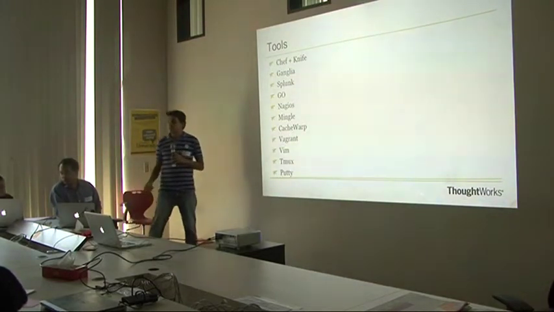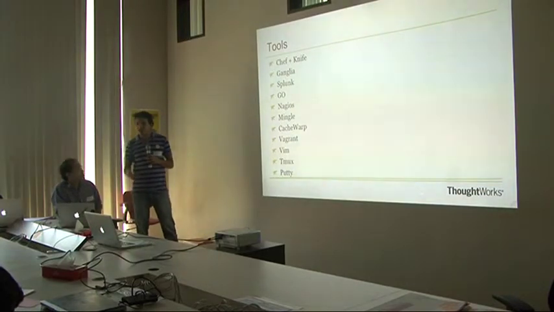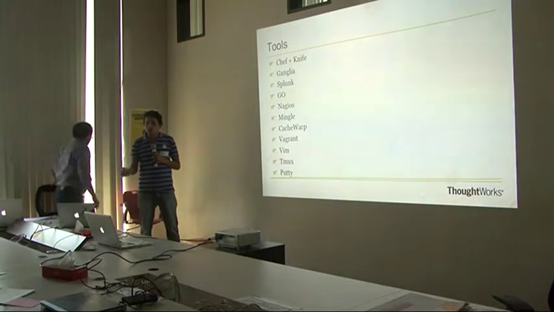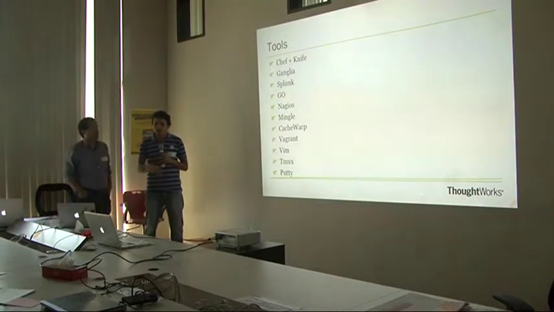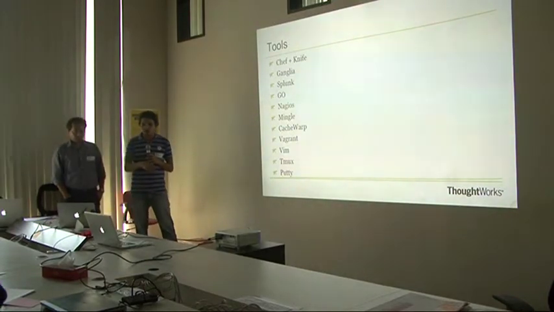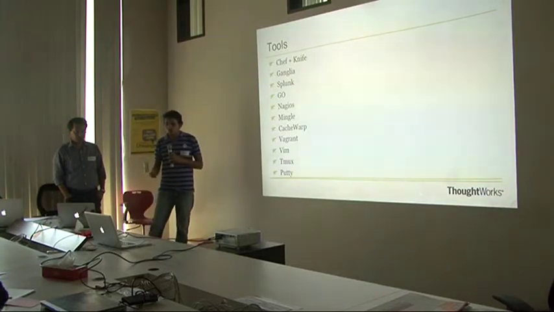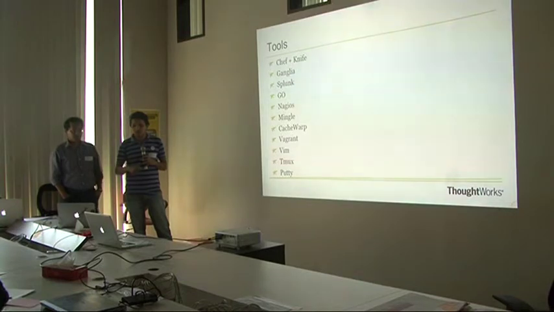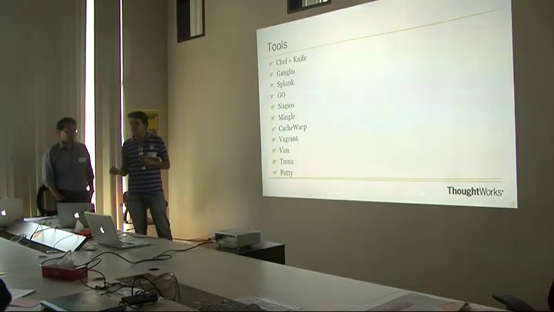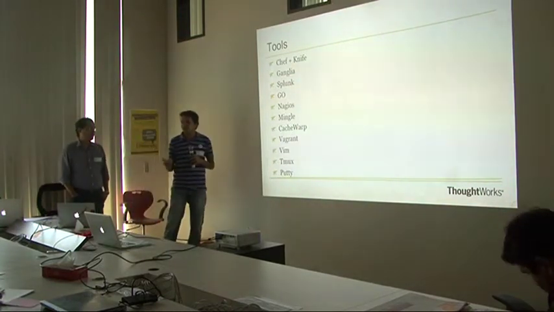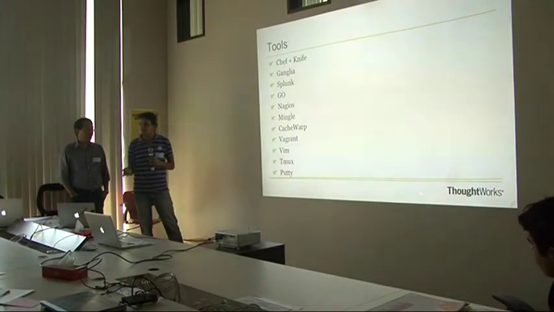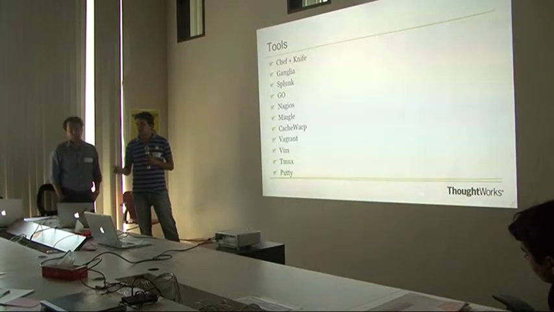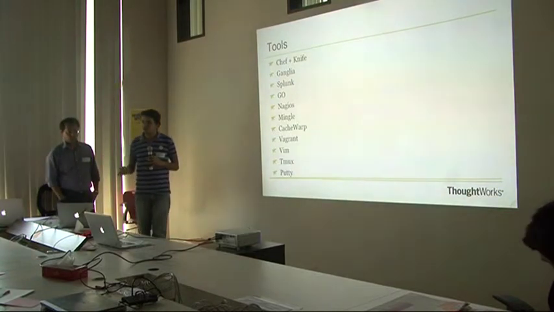Vagrant is basically a virtual box. You can create a local virtual box and write scripts on top of it using Vagrant to configure the virtual box and provision it as per your development needs. Vim, most of us know, is a tool to edit using SSH or any shell.